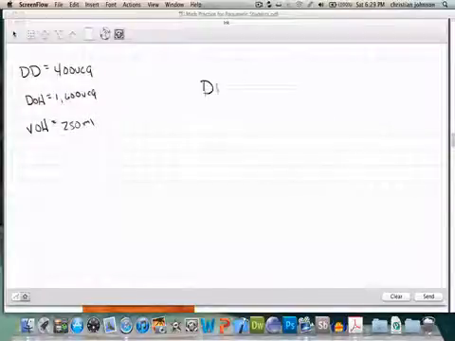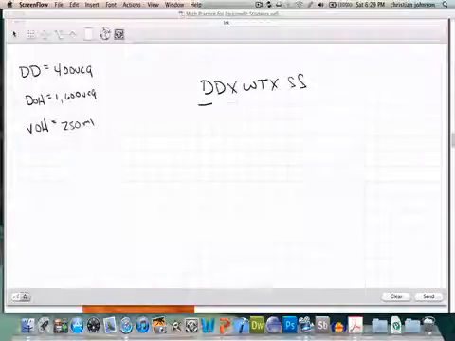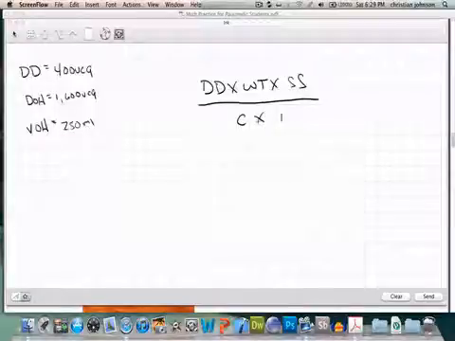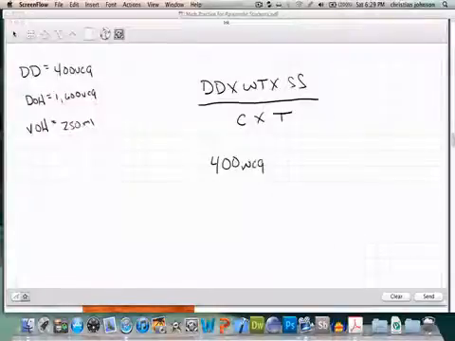So let's go back to my master formula: desired dose times weight times solution set, all over concentration and time. Here's my desired dose, 400 mics. I don't need weight because I already calculated it. If you didn't, you can plug in 80 here and do your math. But we already did that, so we can just times it by my solution set.